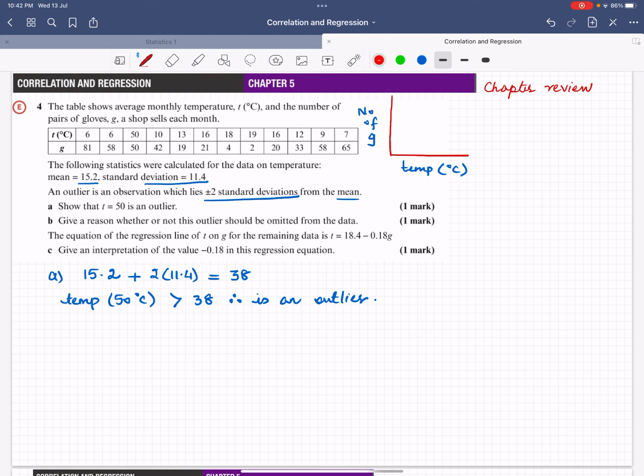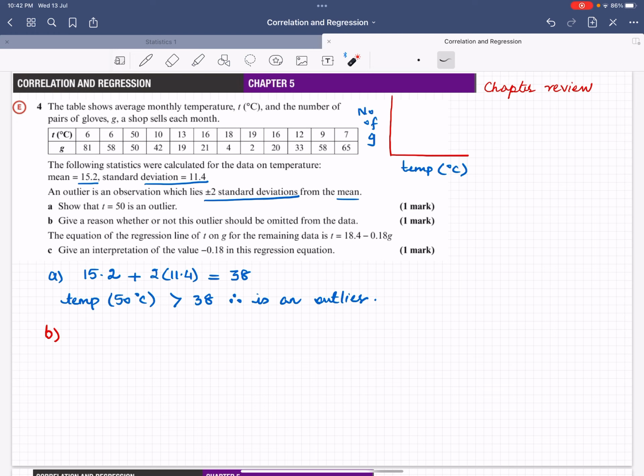In part B, we need to give a reason whether or not this outlier should be omitted from the data. So we need to give an explanation as to why a temperature of 50 degrees should be omitted from the data. We are discussing here the temperature and the number of gloves purchased against it.